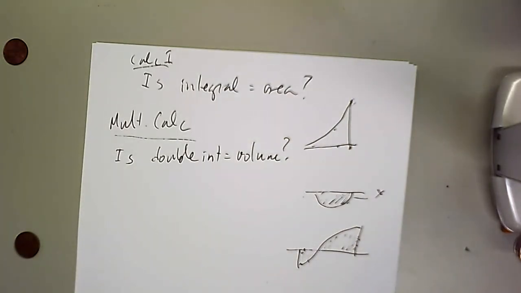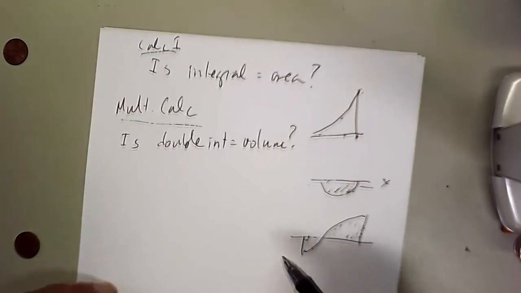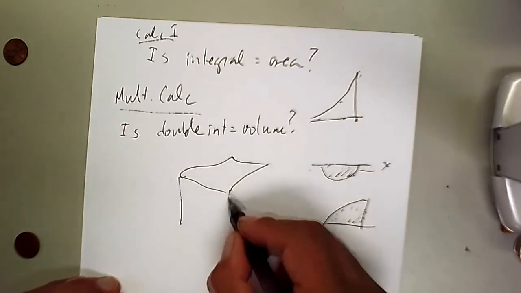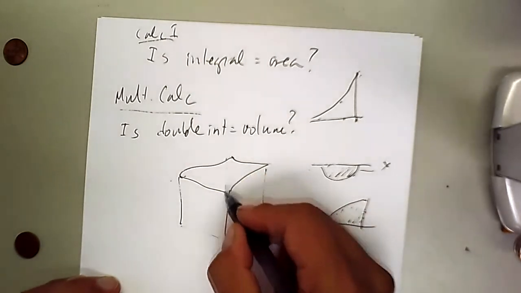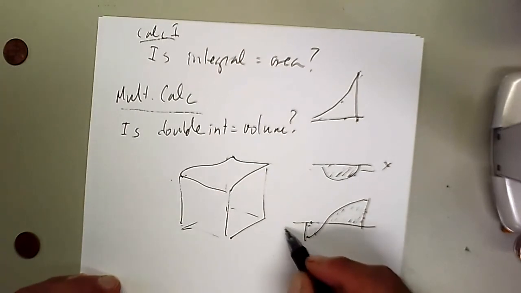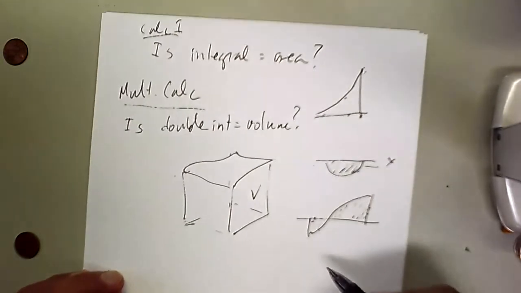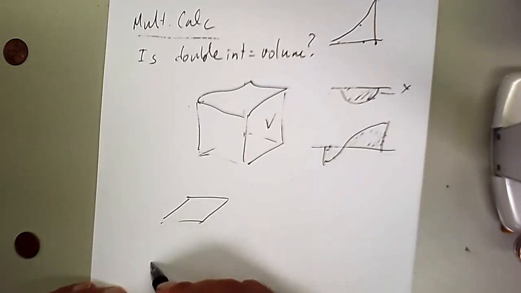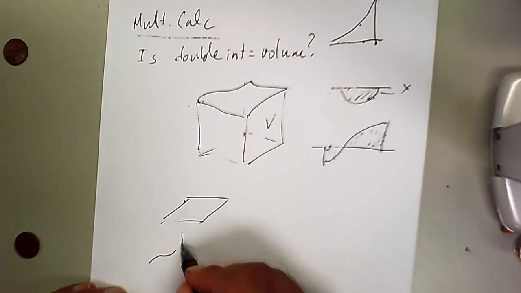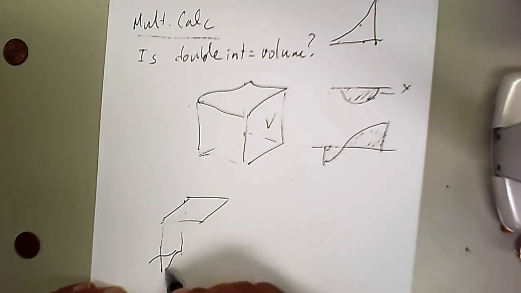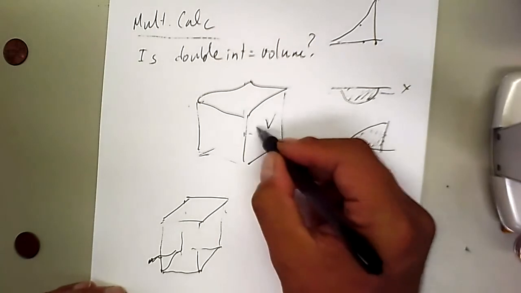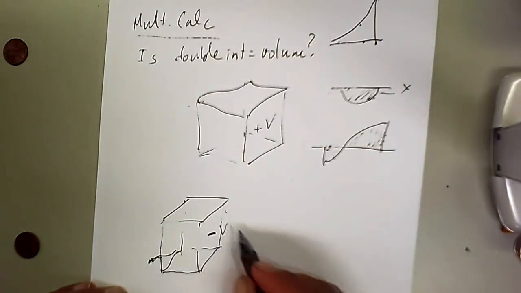If you have a surface here and a corresponding nice rectangle on the XY plane, then yes, you get the volume. But if the surface happens to be underneath the rectangle, then you get the negative of the volume.